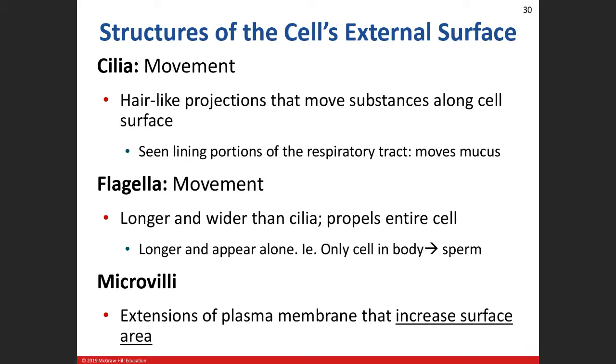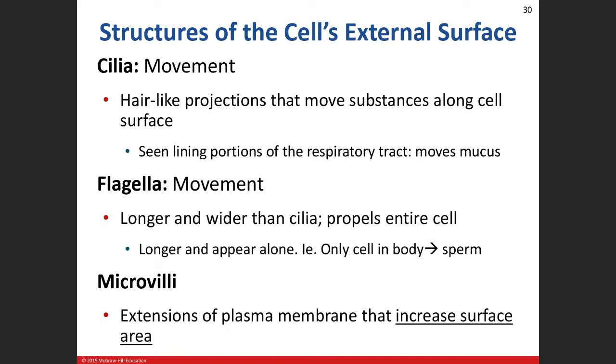which is very helpful, especially in the respiratory tract, because you'll have mucus production from specialized cells, and we'll talk about more of those cells when we get into the tissue section of this course. You have these cells that produce mucus, and the cilia help to move that mucus away so it doesn't clog up or just stick there.